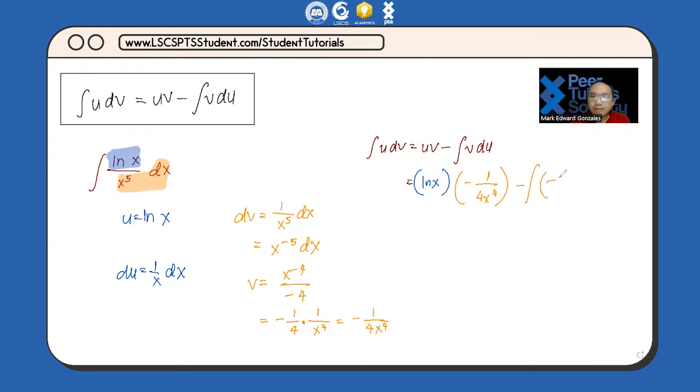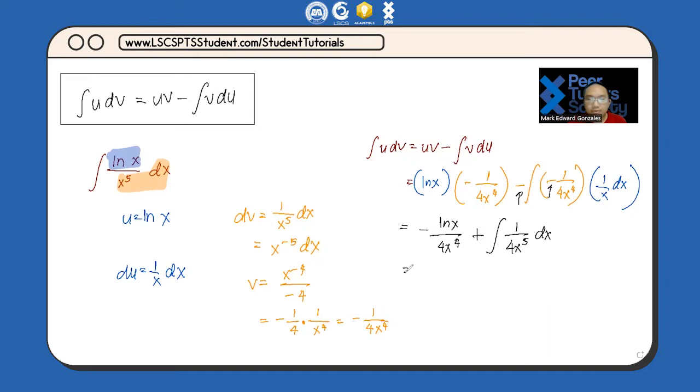Integral sign v, color coding du, algebraic simplification. So we get this. For this we get this. So negative. That's why we have addition over here.